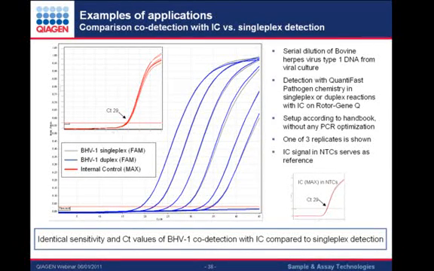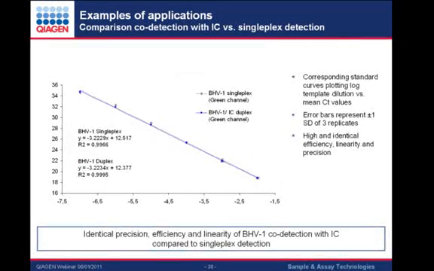As you can see, the curves are absolutely congruent, the singleplex and the duplex curves. This shows that the internal control has no influence on the CTs or on the shapes of the amplification curves in comparison to singleplex detection.